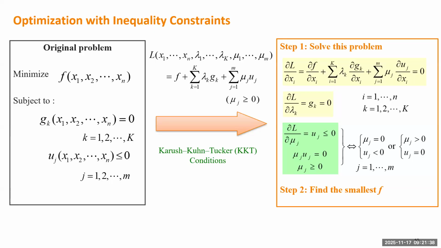Let's quickly go over how we're going to address inequality constraints. So we know we have the cost function, which is the total cost for generating power, and we have equality constraints. For our economic dispatch problem, there's just a single equation, so k is just one.